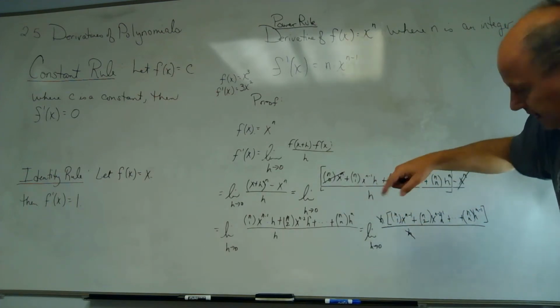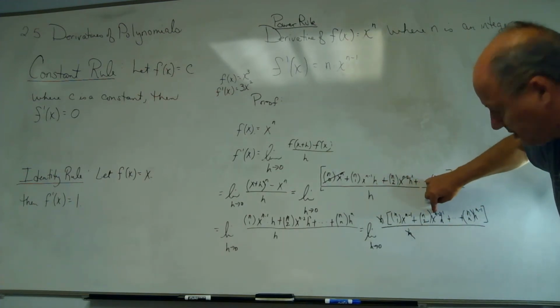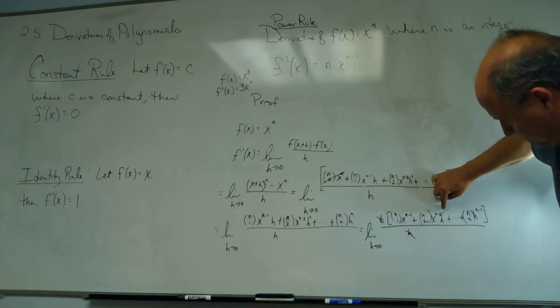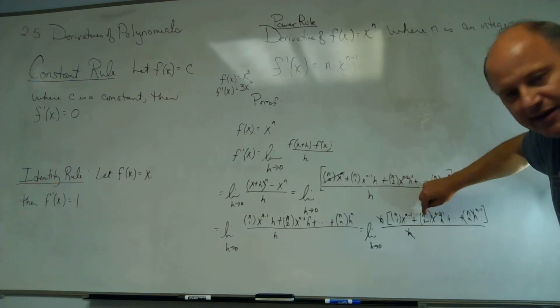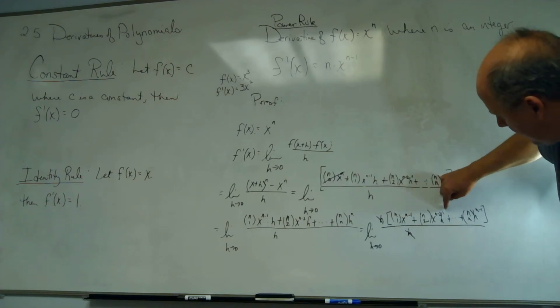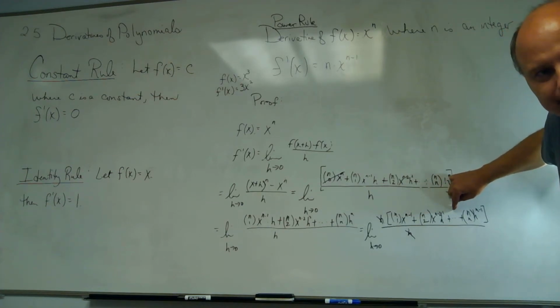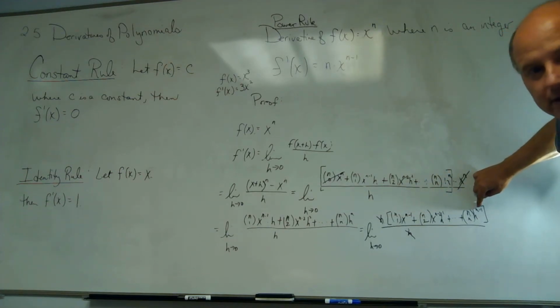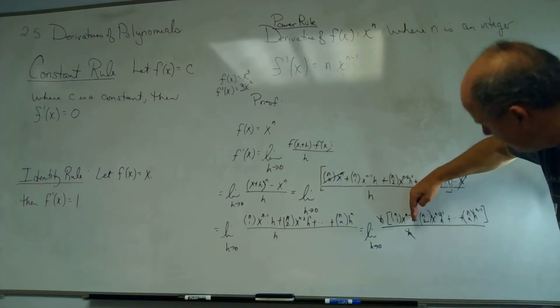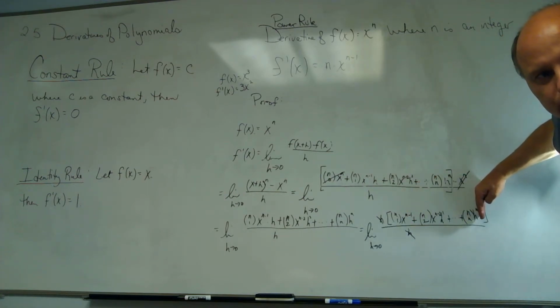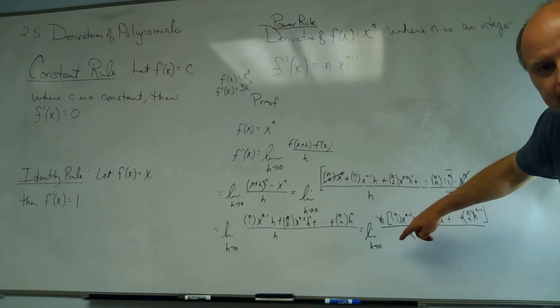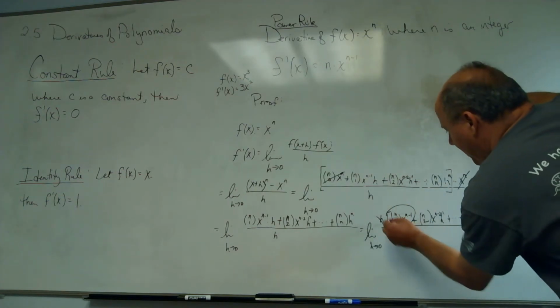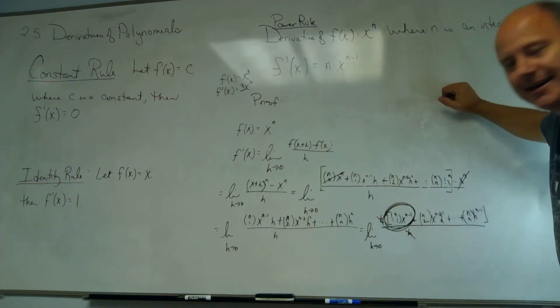But here's the cool thing. If you plug 0 in for the h, this goes away because of the h to the first, because 0 times anything is still 0. And all the terms in between will be 0 because they all have an h in them too, including the last one. So from here to here goes away because of the limit. What's left is this baby right here. The question is, what is that?